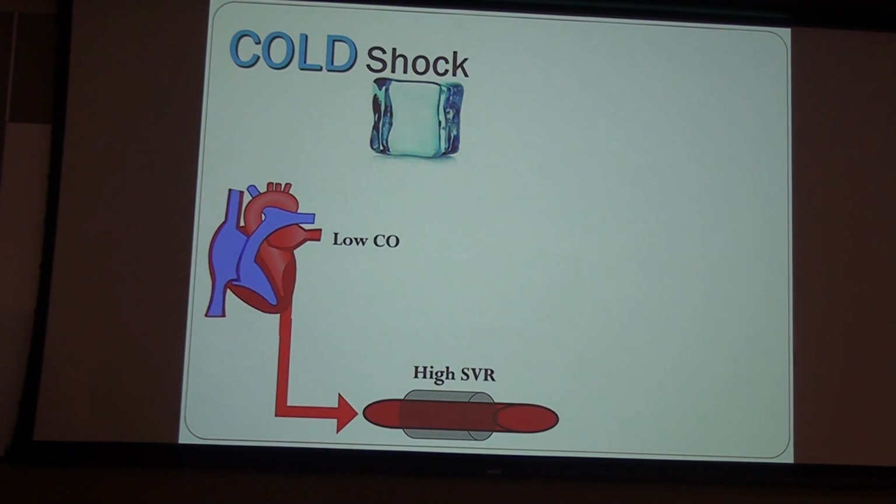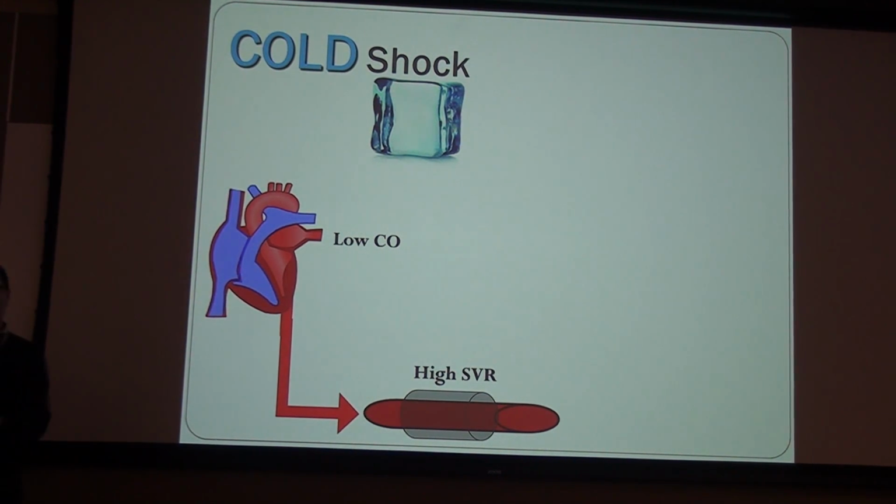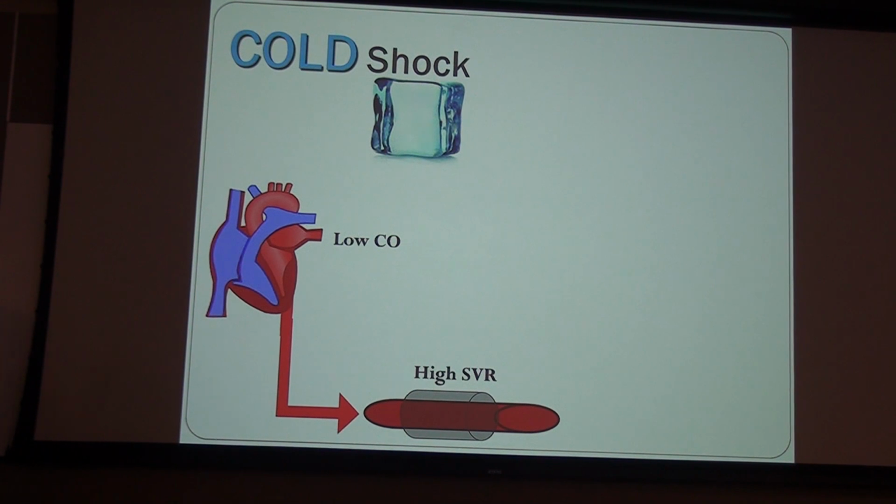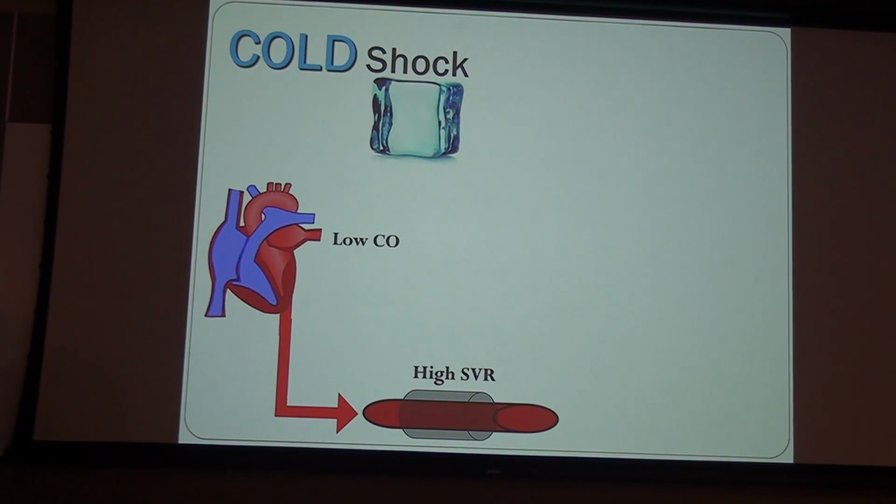And high systemic vascular resistance, so children's bodies are clamping down peripherally to try to shunt blood to their brain and their kidneys. And so in the periphery, their overall systemic vascular resistance is high. Again, adults don't do this unless they're dying at the very end of sepsis.